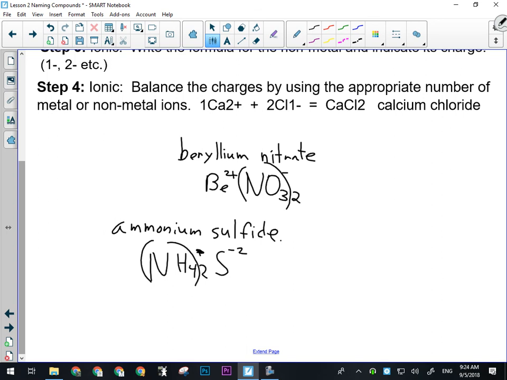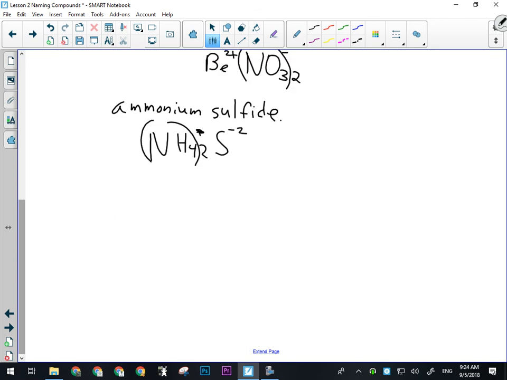All right, one more thing here. I've got this one. It's ionic, but it has a Roman numeral in it. What does the Roman numeral tell me? It doesn't tell me there's 2 coppers. It tells me that the copper's charge is 2. That's a very common misconception.